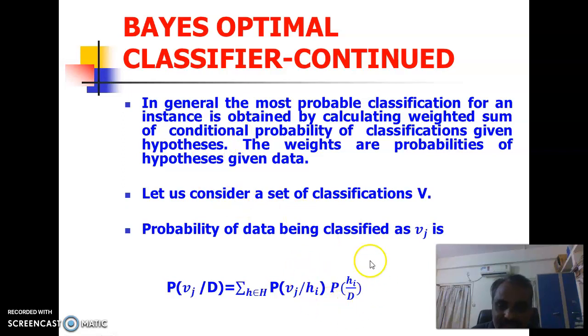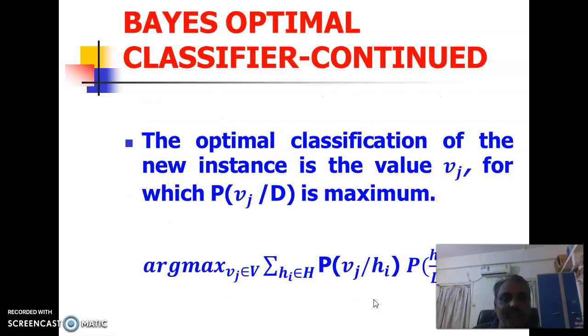So we call this the weighted sum of probability of the classifications given the hypothesis, summed over the whole hypothesis space.